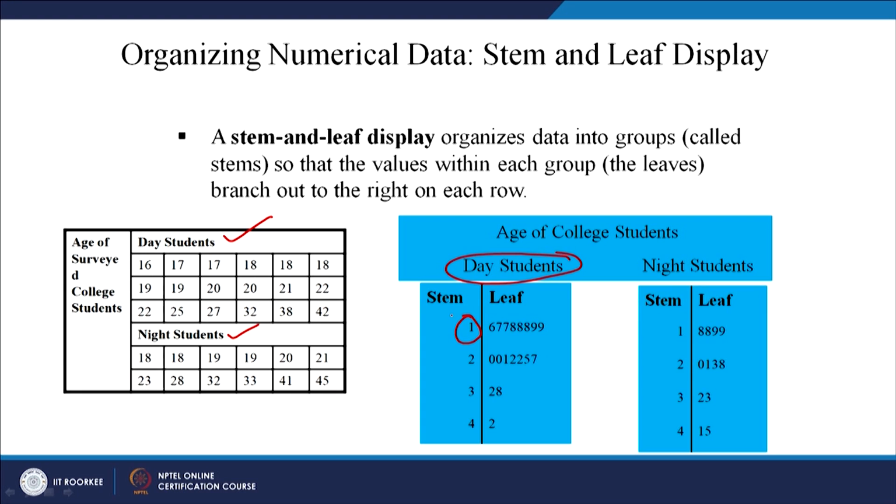The first student has got age 16, so this is 1 and this is 6. The next two students have got age 17 and 17. Similarly, next 3 are 18 and 18 and next 2 are 19 and 19. So, 1 is the stem and all these are leaves.